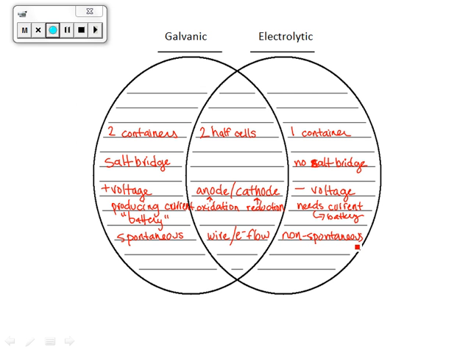So what does that mean about our delta G? On the galvanic, delta G will be negative because it's spontaneous, and here delta G will be positive. Which way do our electrons flow? Anode to cathode. So that's still true.